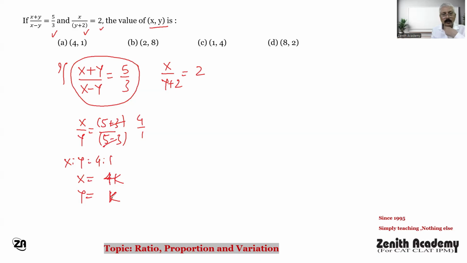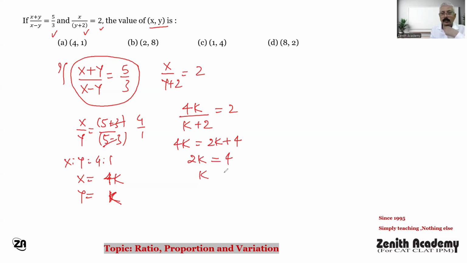Okay. Now here x upon y plus 2. So put x equal to 4k, and y is k plus 2 equal to 2. So 4k, 2k plus 4. So 4k minus 2k is 4.